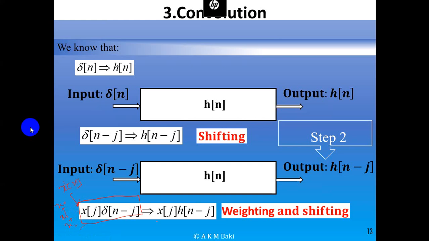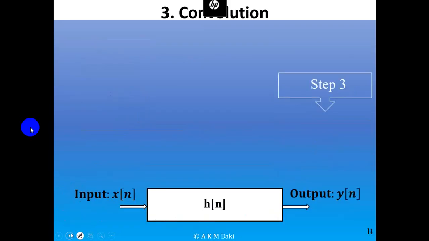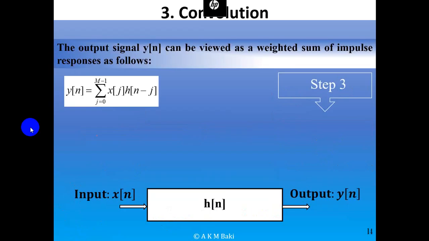That means we also need to sum up the output impulse responses. So if the output impulse responses are summed up, that is the total output. So that's the concept of convolution.